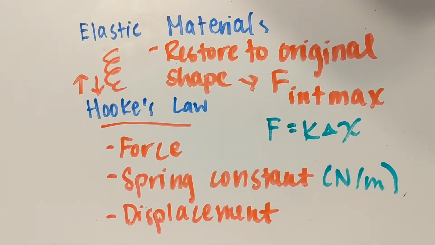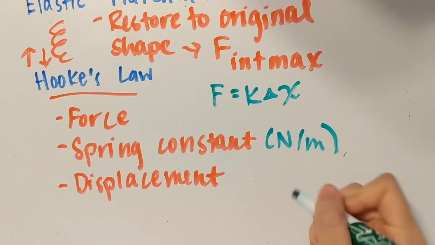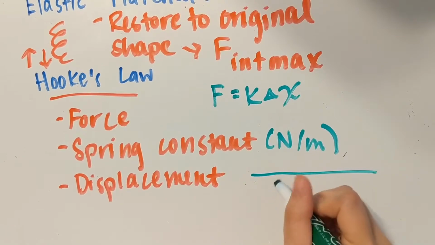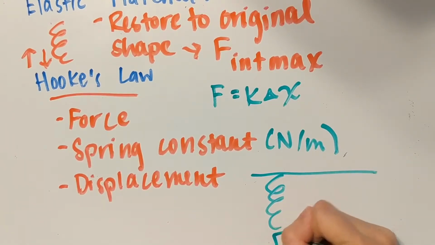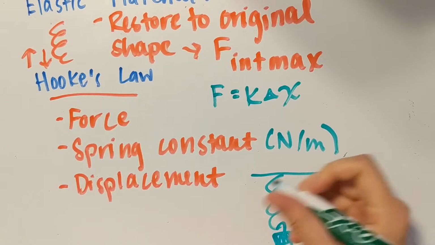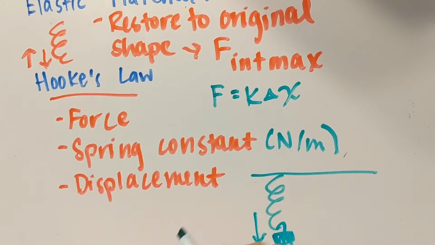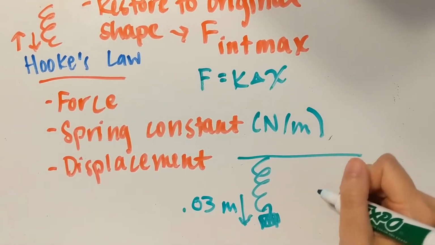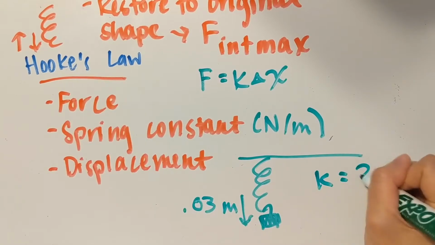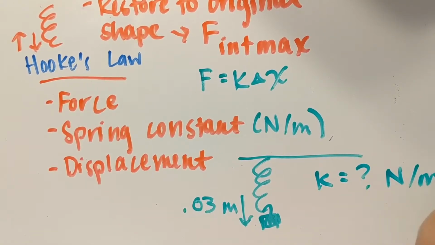the displacement. So for an example problem, let's do a spring is attached to a ceiling, and there's a weight attached to the bottom of the spring, which makes it stretch by a distance of 0.03 meters. All right, and we're trying to find the value of the spring constant in this problem.